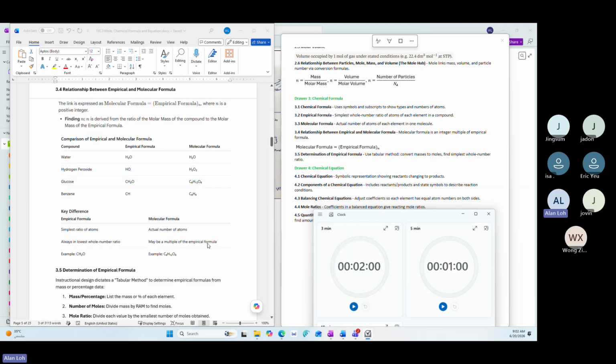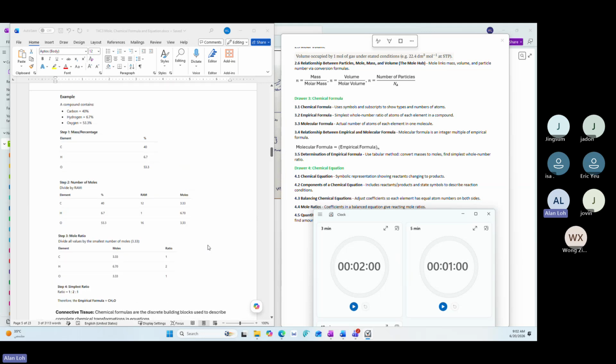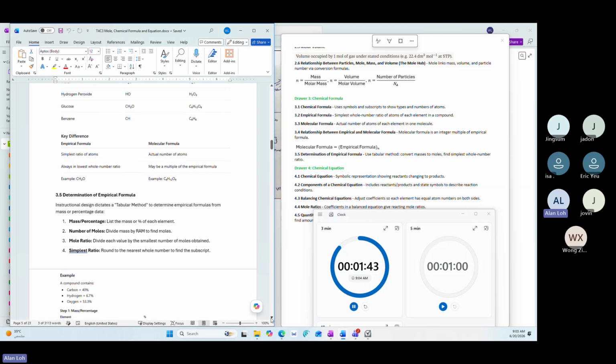Okay, let's go to the second part of this drawer. There are tables. I think I'm going to slow down a bit. Okay, let's do 2 minutes. Okay, I'll go down a bit.